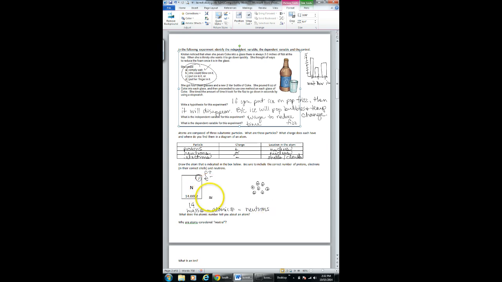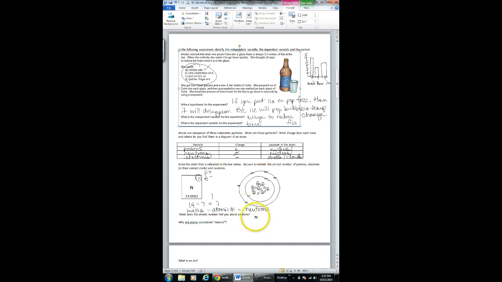So 14 minus 7 gives us 7. So 1, 2, 3, 4, 5, 6, 7. And then we're going to have 7 electrons. Remember, there's only 2 on the innermost shell, and so then we need 5 more, 5 on the outermost shell.